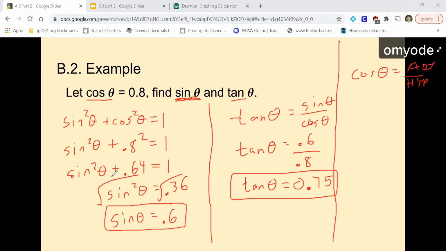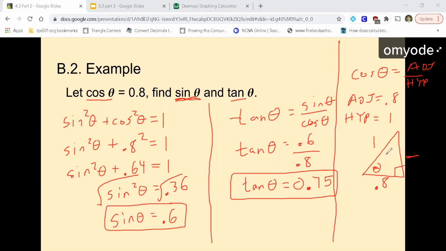So if the cosine of theta is 0.8, that means the adjacent is 0.8, and we could say the hypotenuse is 1. And so then you could recreate a right triangle where this is 0.8 and this is 1, and then use the Pythagorean theorem, a squared plus b squared equals c squared, to find the other length.